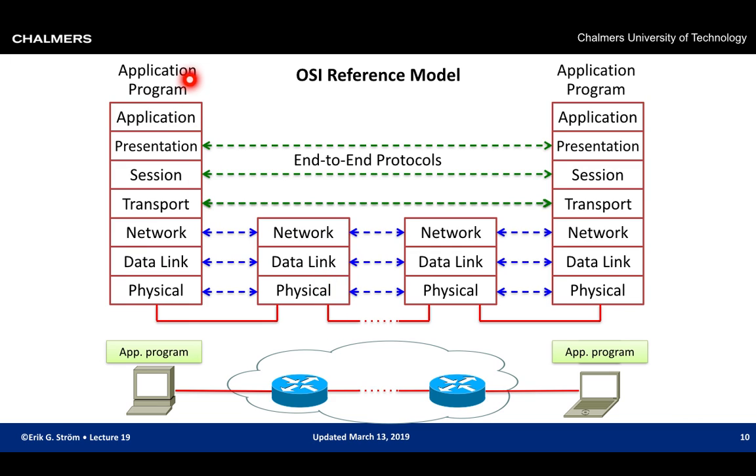So we call the upper layers here end-to-end protocols, and maybe these others we should call hop-to-hop or link protocols, or whatever you want to call it. It's between an end node and a router, and then to the next router, or switch, or whatever it is here, and then the final hop from the final switch or router to the end node.